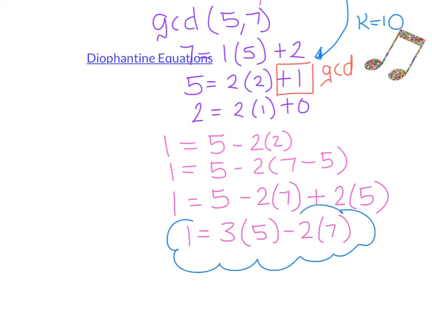And if we have a look at our original equation, I've just moved everything up a little so that we could fit it on this screen. Original equation said 5x plus 7y equals 10. So what we're going to do here is multiply everything by 10 and then compare the two.